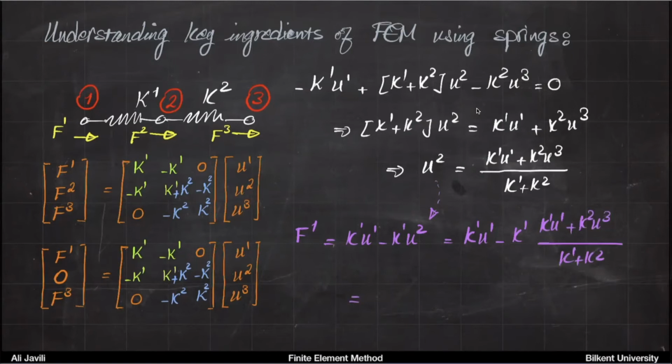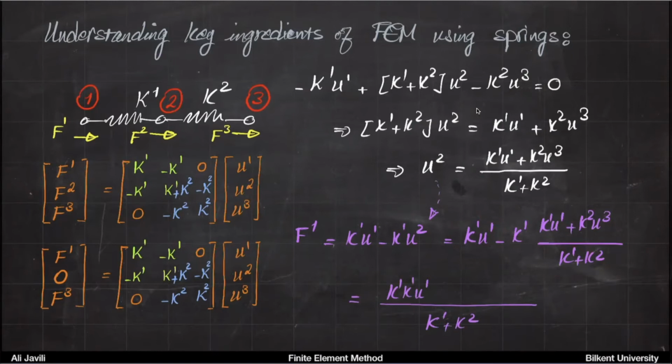If you do that, you would have the common denominator K1 + K2. Then you multiply that by this, so you would have K1 times K1 times U1. I'm not going to write K1 squared because we have already too many superscripts.